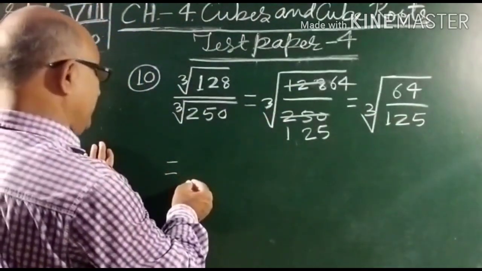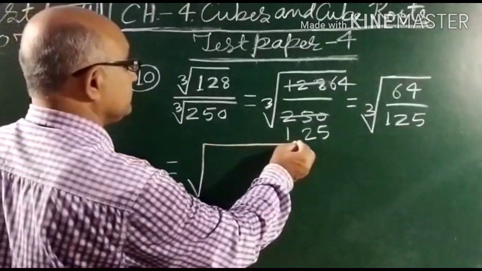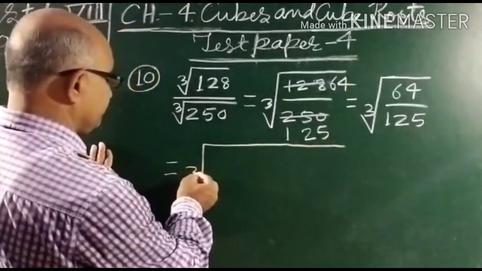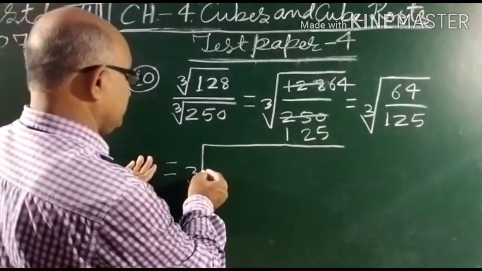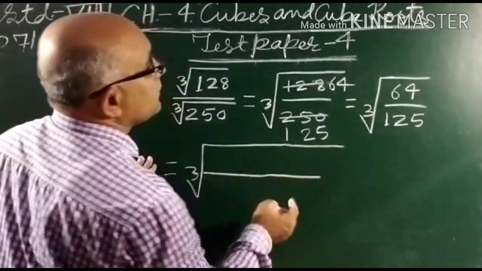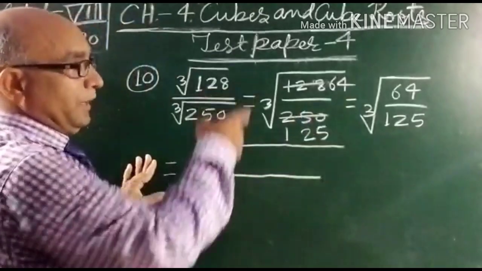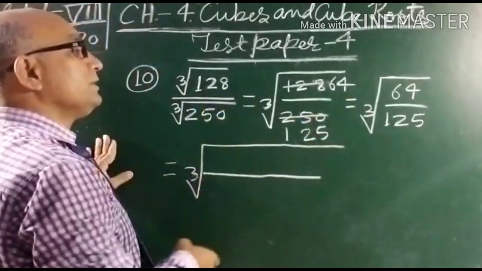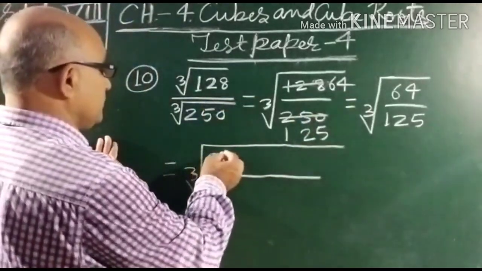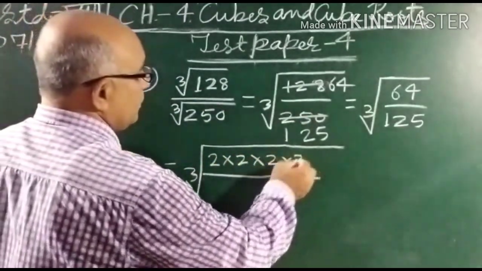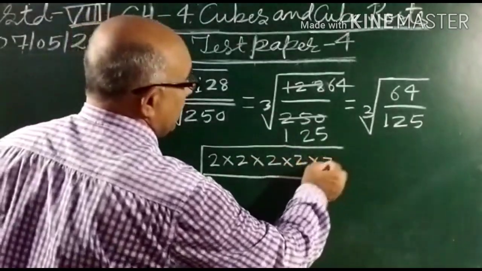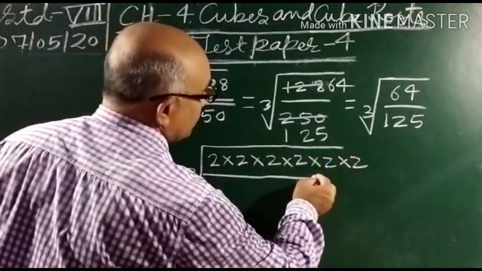Now find its prime factors. Cube root of 64 by 125. Prime factors of 64 are 2 into 2, 2 into 2 and 2 into 2.